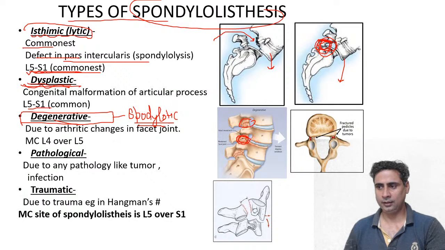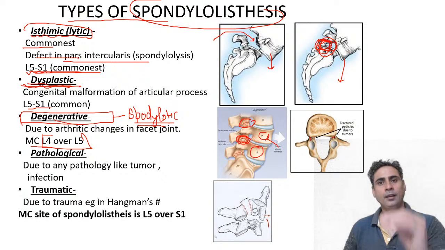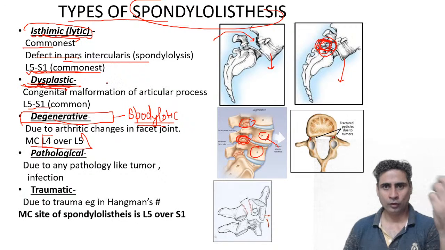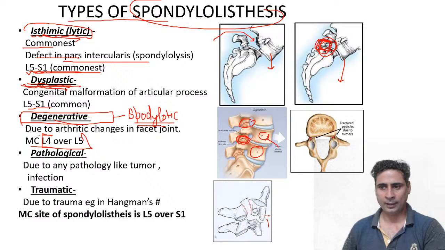Here you can see. This will lead to spondylolisthesis, most commonly L4 over L5. See, this is L4 over L5. Most common type overall is L5 over S1, which is isthmic and dysplastic. And in osteoarthritis of spine, in spondylosis of spine, the most common is L4 over L5.